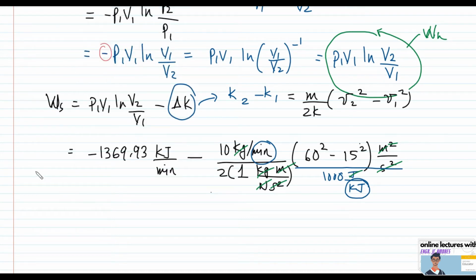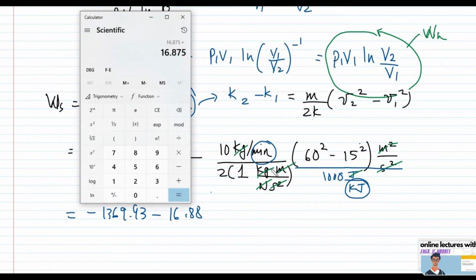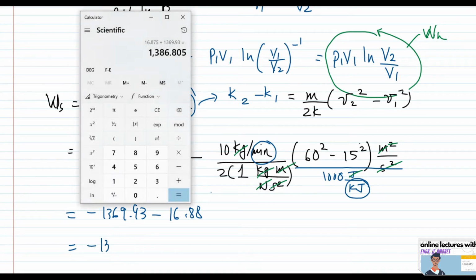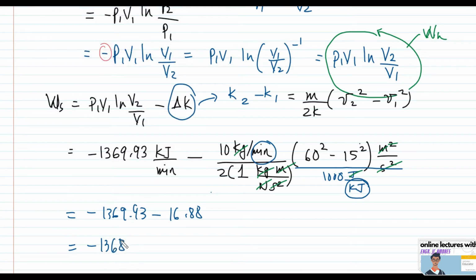So we have here negative 1369.93 minus 16.88, so that is negative 1386.81. 1386, not 68.